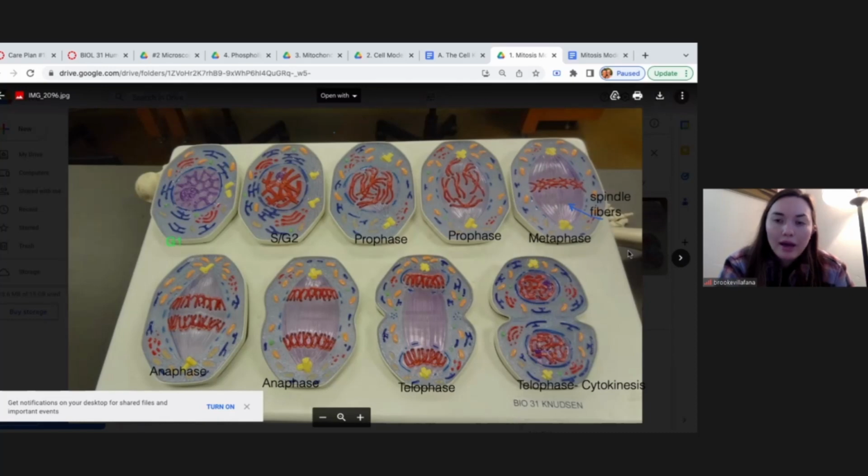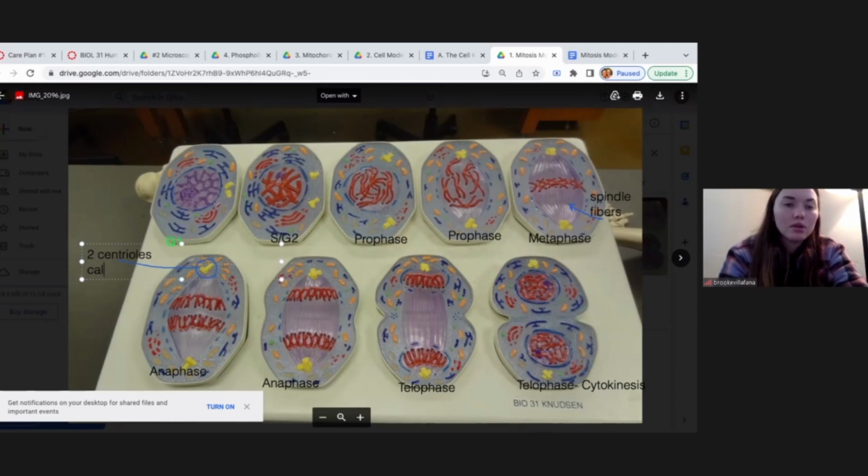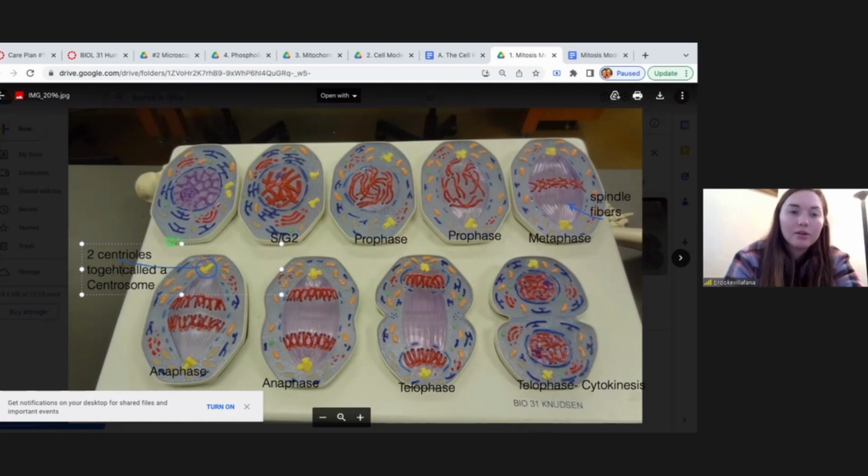You also have the pair of centrioles that's called a centrosome. So these two little orange structures, it's two centrioles called a centrosome. So what we say is together they're called a centrosome.